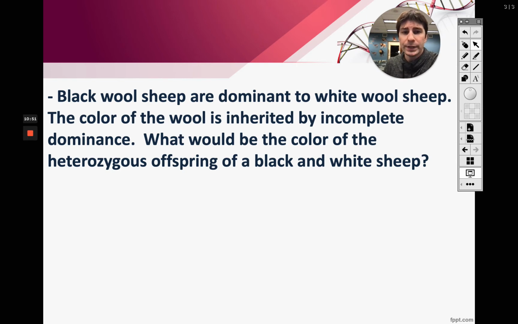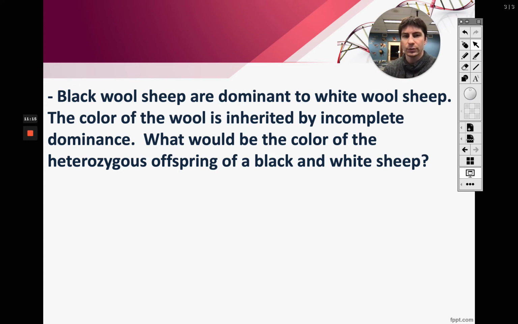Black wool sheep are dominant to white wool sheep. The color of the wool is inherited by incomplete dominance. So here, now that we're adding things on, here's your first step all the time. Determine the type of inheritance. Is it complete dominance? Is it incomplete dominance?